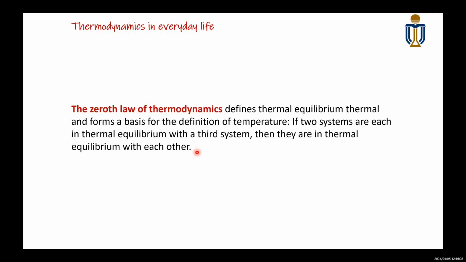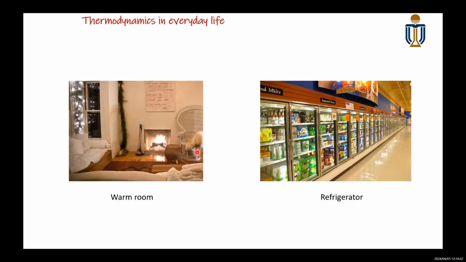This might seem like a common sense observation, but it is actually an important principle that underlies many thermodynamic calculations and experiments. The zeroth law is called the zeroth law because it was added after the first, second, and third laws had already been established.